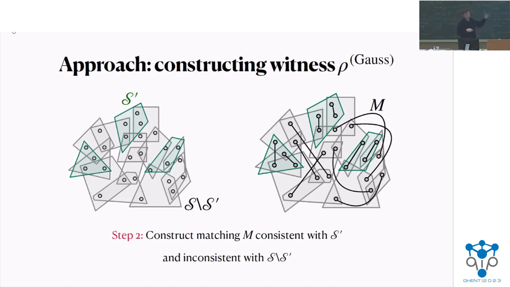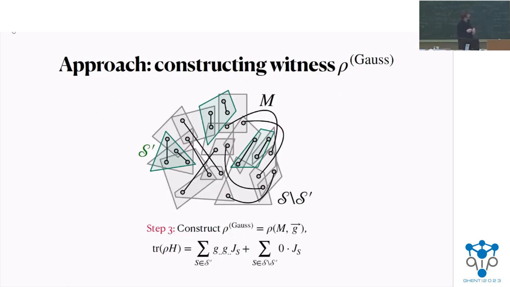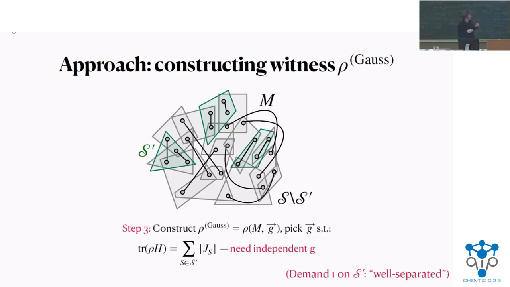Of course you have to prove that it's all possible, but this is what we do. Trust me, it's possible under certain conditions for S prime, which I'm going to explain now. We construct a Gaussian state based on that matching, and we will only have contributions from this highlighted part of the Hamiltonian, and the rest will be 0 because it's all inconsistent.